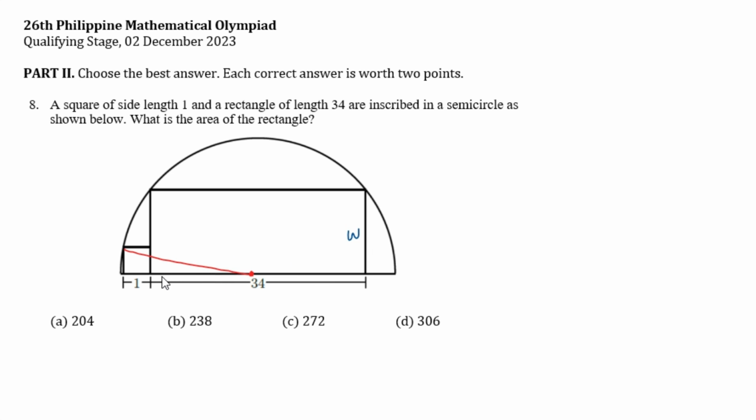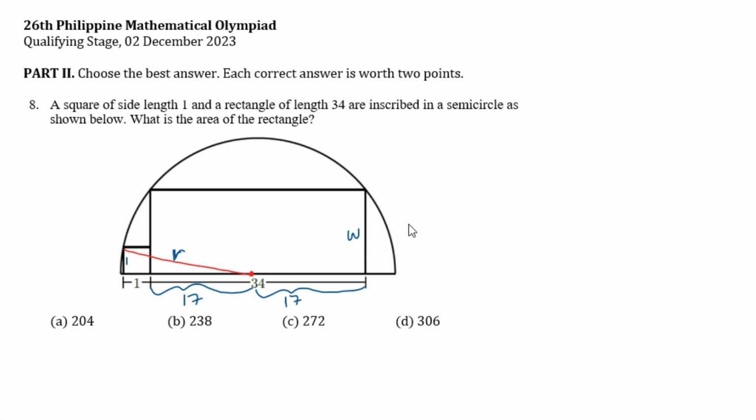So, since the entire thing is 34, this one right here must be 17. This one right here is also 17. Since the square has a side length of 1, the altitude or height of the right triangle must also be 1. Okay. So now let's denote the hypotenuse of this right triangle by r, the radius of the circle.